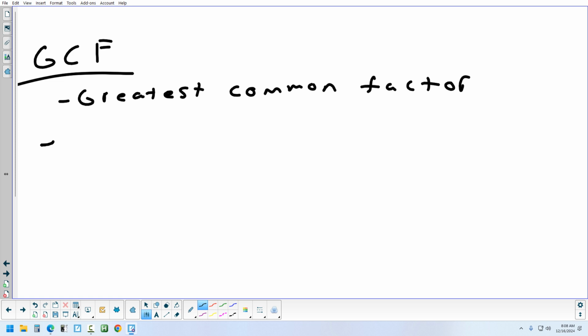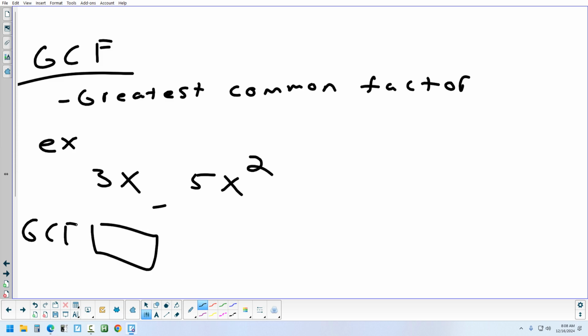Okay, so here's an example. 3x and 5x squared. And I want to find the GCF. First thing you do is you look at the numbers in front.